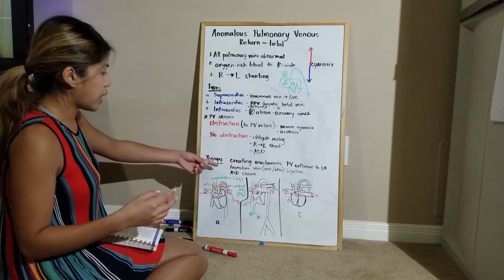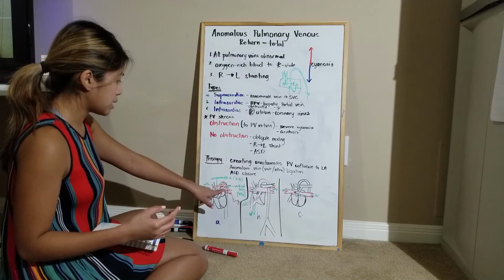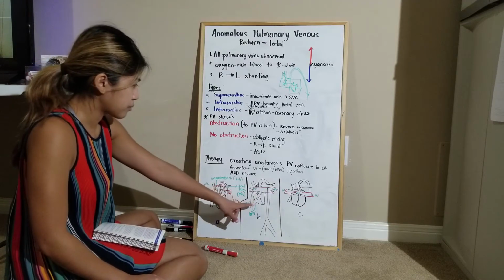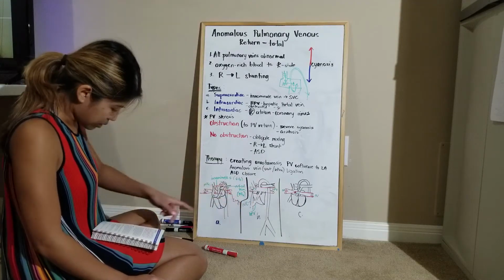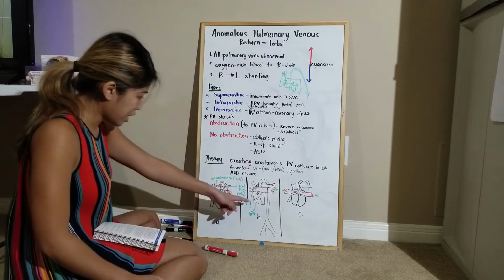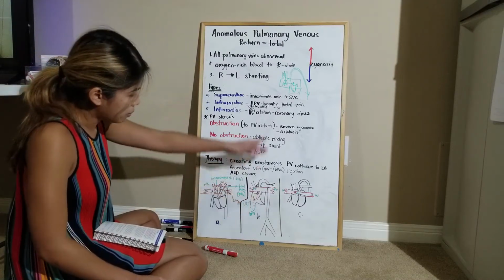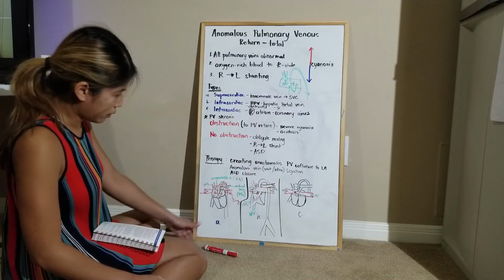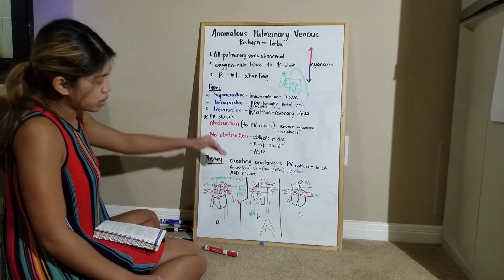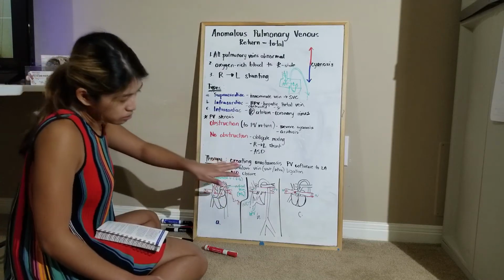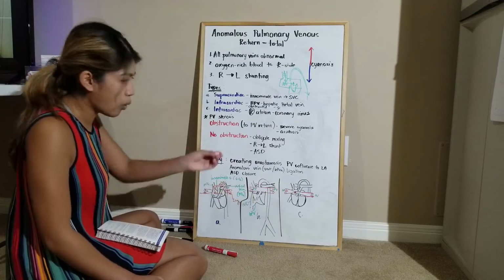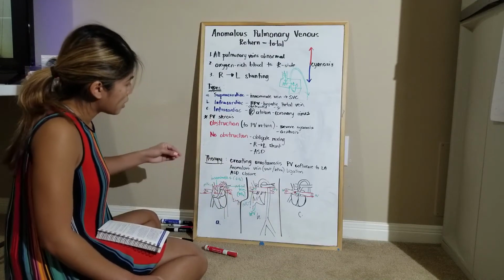The anomalous vein, which is the vertical vein, and the infracardiac vein, this one, are both ligated, so the blood doesn't flow there, and the ASD is then closed. We close the ASD because the pulmonary venous return is now back in the left atrium, so we don't want that to mix anymore.